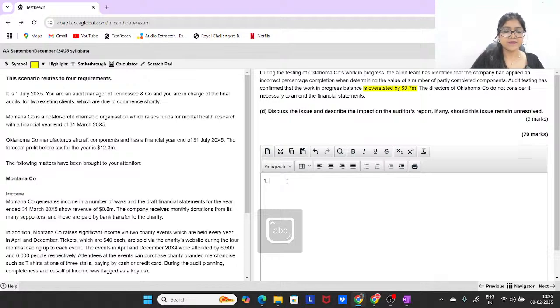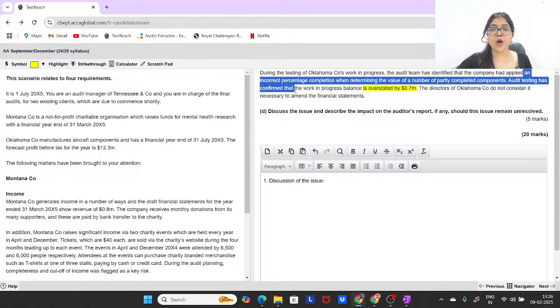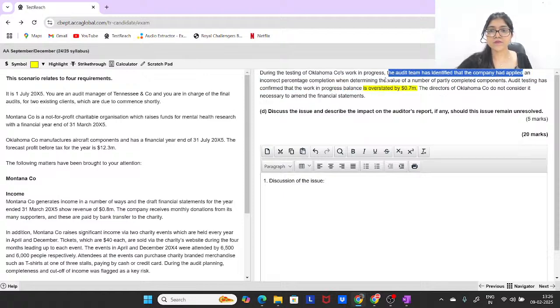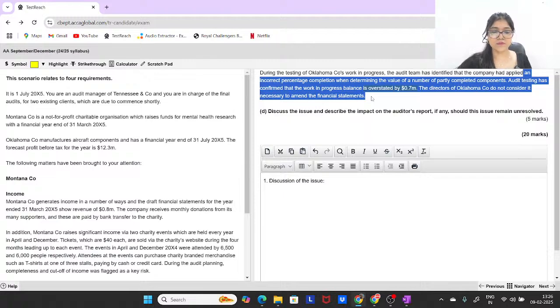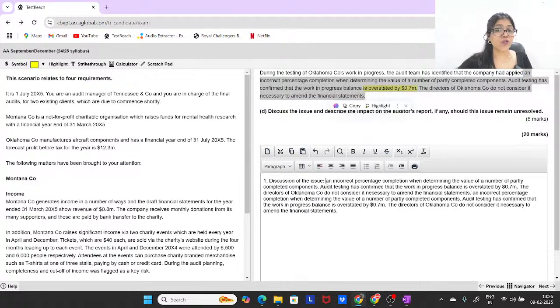So, discussion of the issue. What we'll be writing is copied from here, but you can change the wording. Do not just copy paste, guys.